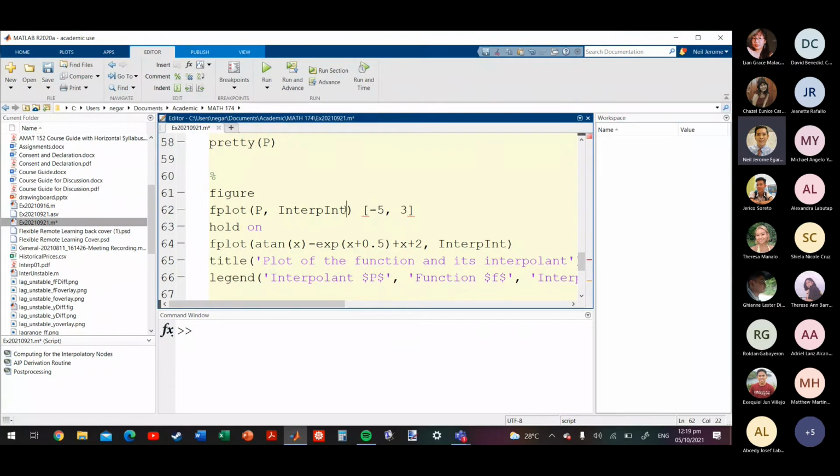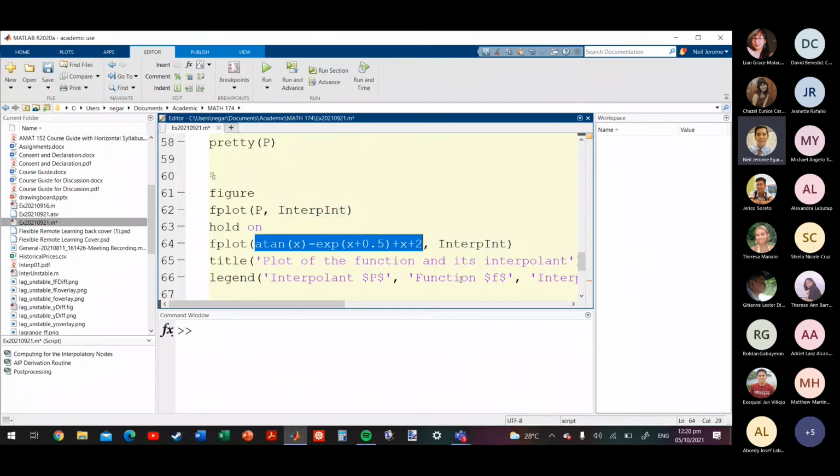Pero dahil na-define ko na yung vector -5, 3 to be the interpolatory interval, pwedeng siya na lang yung gamitin ko doon. And then yung pangalawa, plot lang naman siya ng actual function para makita natin graphically if they do coincide or if they are close to each other.